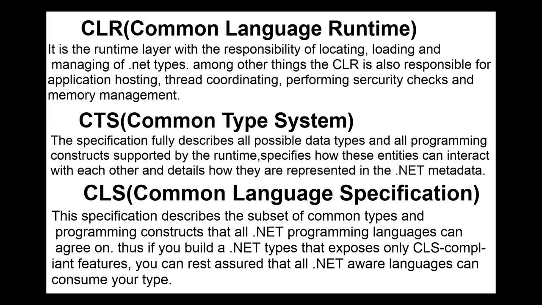So CLS is a related specification that defines a subset of common types and programming constructs that all .NET programming languages can agree on. So this one also describes the common types or programming constructs that all the programming languages can agree on.